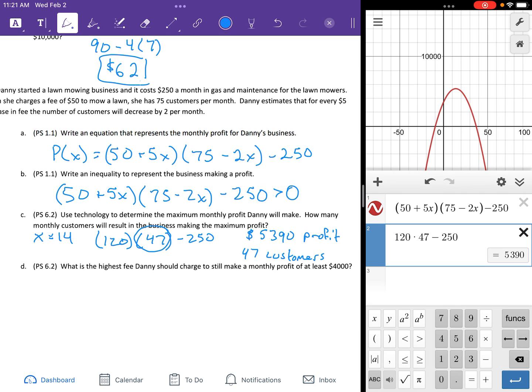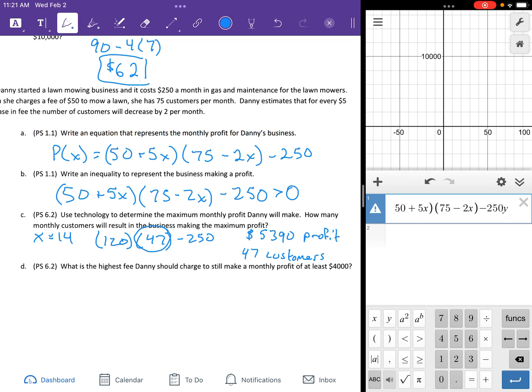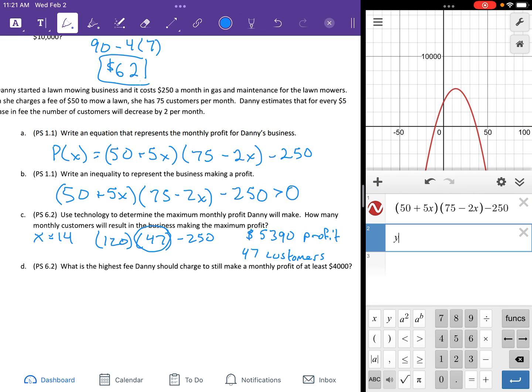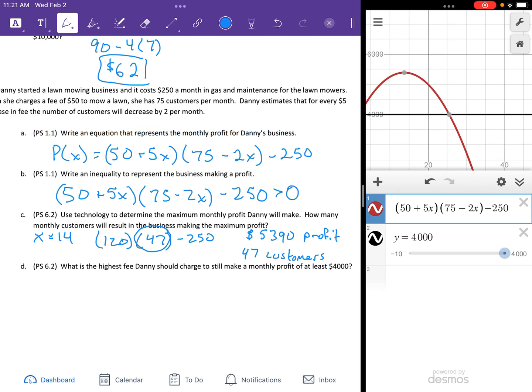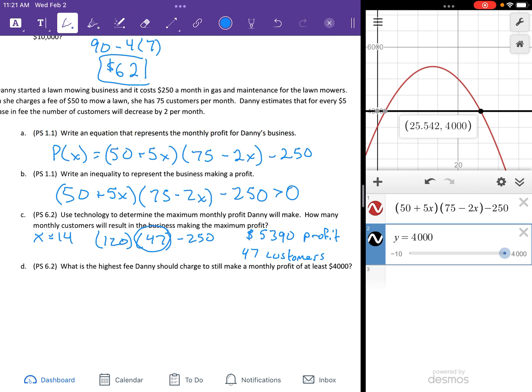Okay, and the last problem, again, we're going to use y is equal to 4,000, to find out where these two lines intersect, what's the highest fee she should charge and still make $4,000. So, again, we have a decimal of 25.5. But again, if we go to 26, we round up.